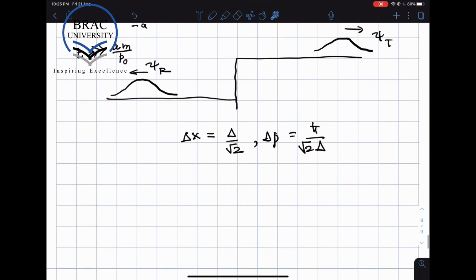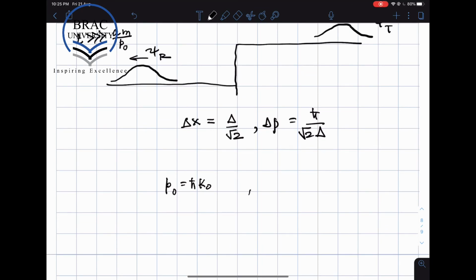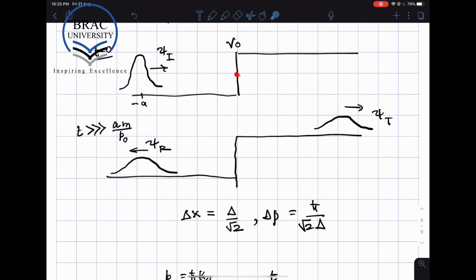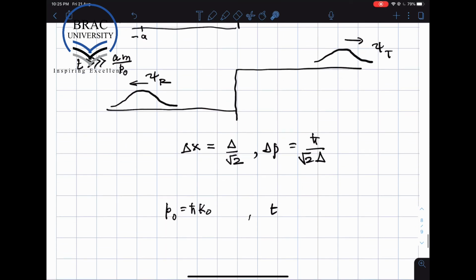Because the initial momentum of the wave packet is p naught, and that's given by h bar k naught. So the time that it'll take roughly for the initial wave function to reach the potential step is going to be something like m times a over p naught. And long after this, we will have this kind of scenario.